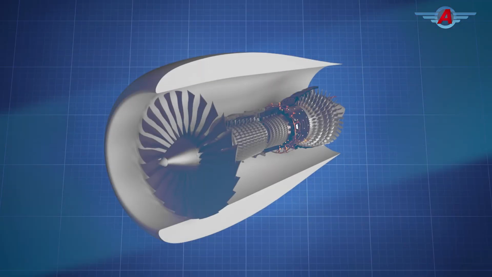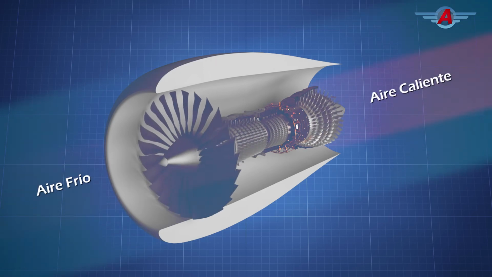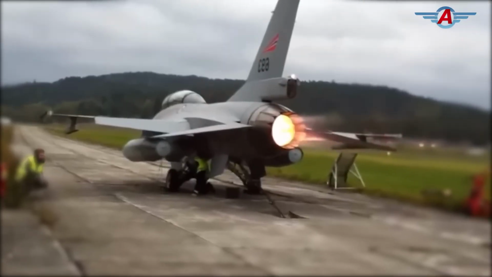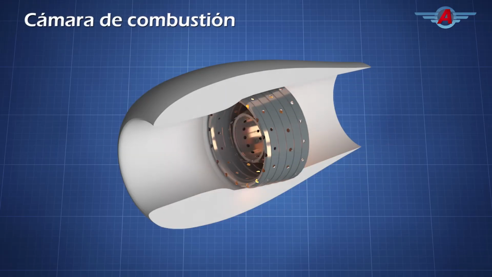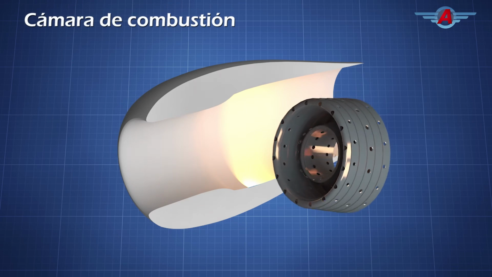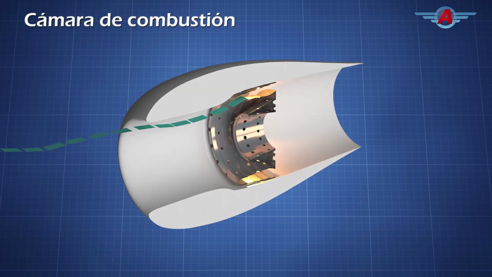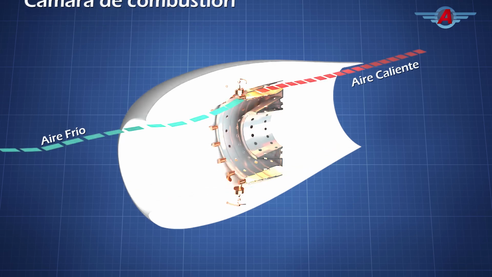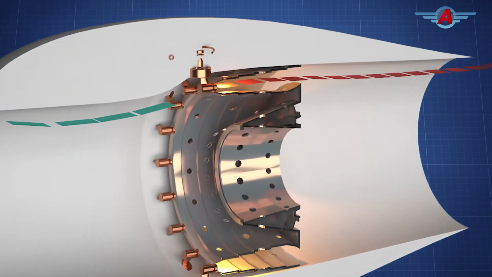If the incoming air is heated to a high temperature, it will expand enormously and create a high-speed jet. For this, a combustion chamber is used. The fuel is burned here.